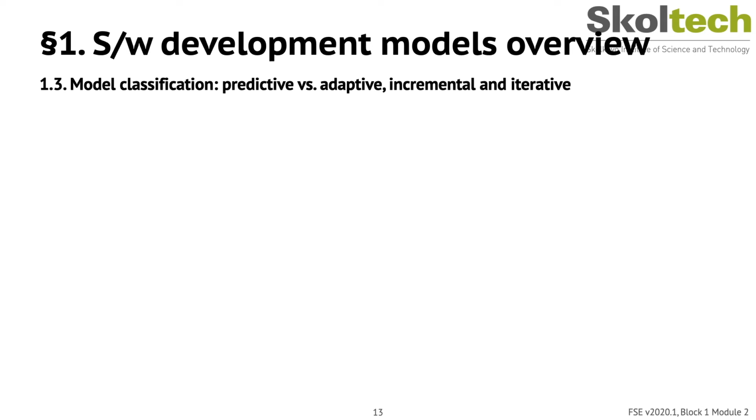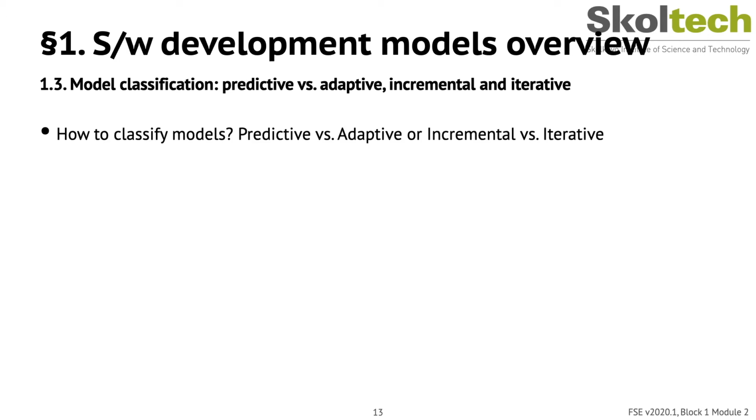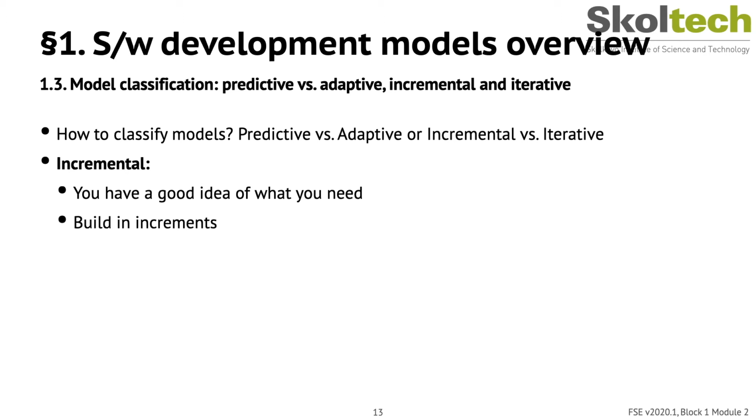Another way of classifying models is to say that a model can be incremental or iterative. An iterative project might not be incremental, in fact. Incremental development means that you have a good idea of what you need, but you build in increments, meaning that you only deliver a subset of the functionality at a time.